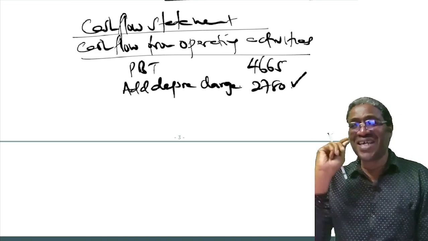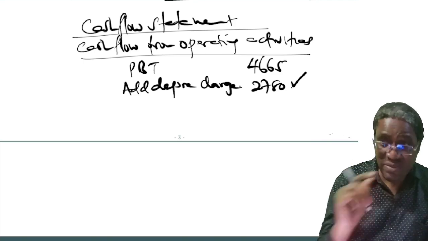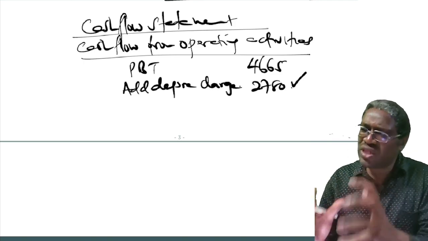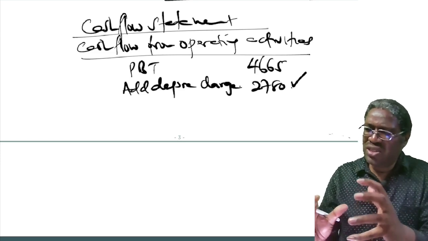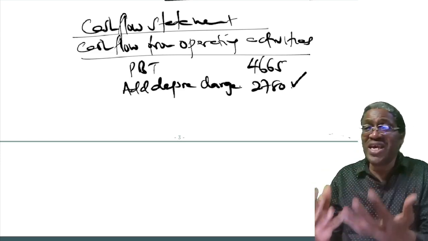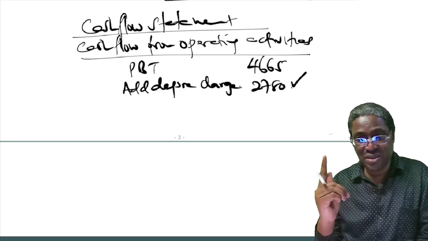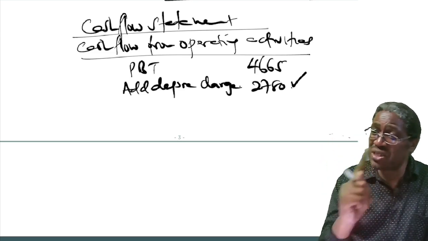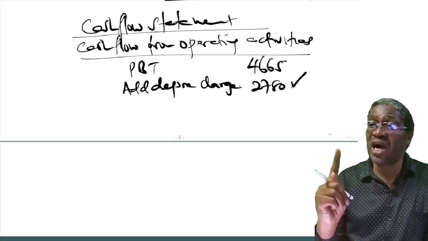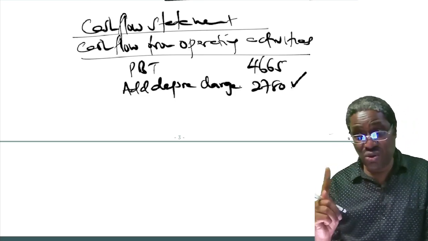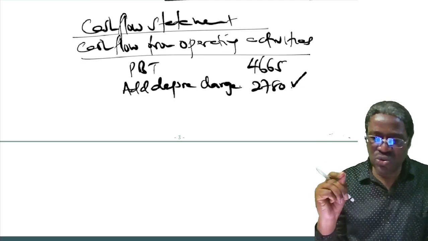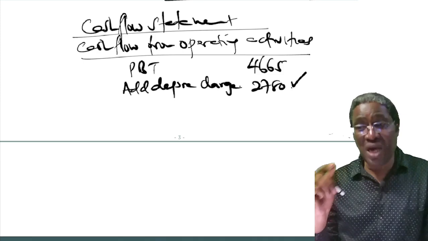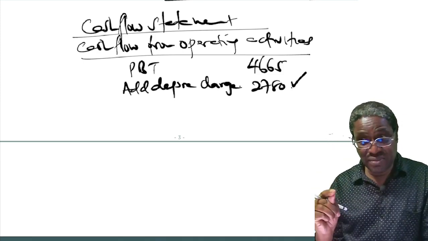Finance cost is another item that will never miss in any question. And the good thing about finance cost, it's a figure you just go and pick from the income statement. Whatever the question has charged in the income statement as the charge for the year for finance cost, that also, we said, is considered as a non-cash item.